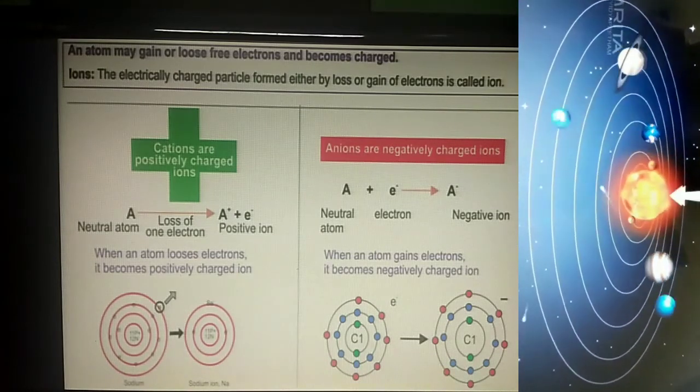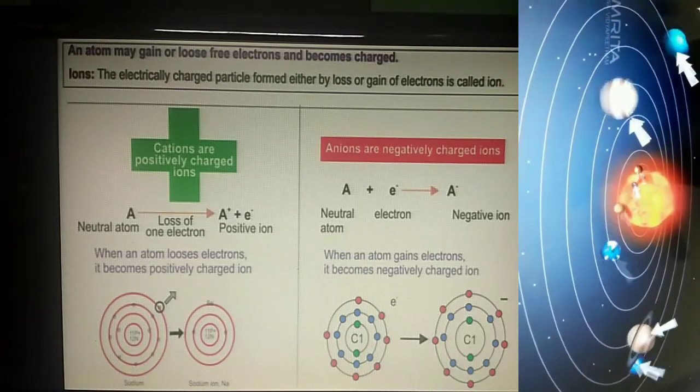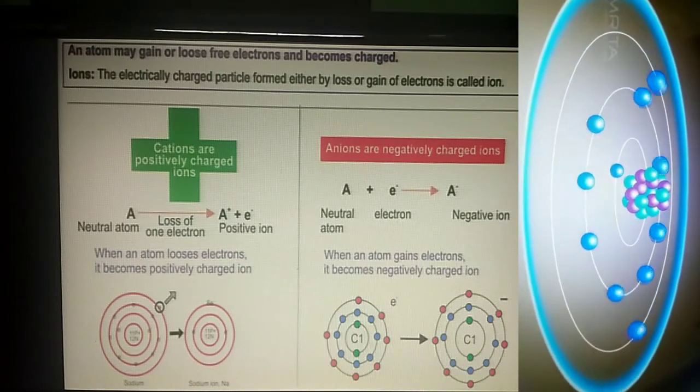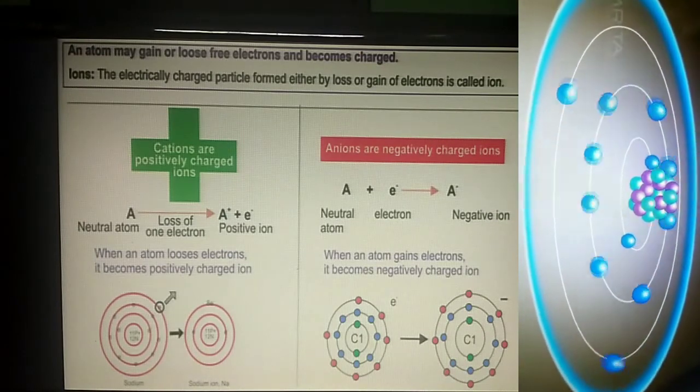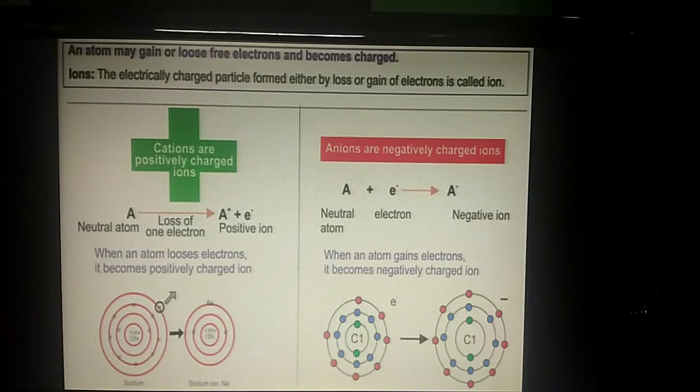If an atom loses electrons, the number of positive charges is not equal to the number of negative charges. From a neutral atom, if one electron is lost, the number of positive charges will be one more than the electrons. So the neutral atom becomes a positive ion.